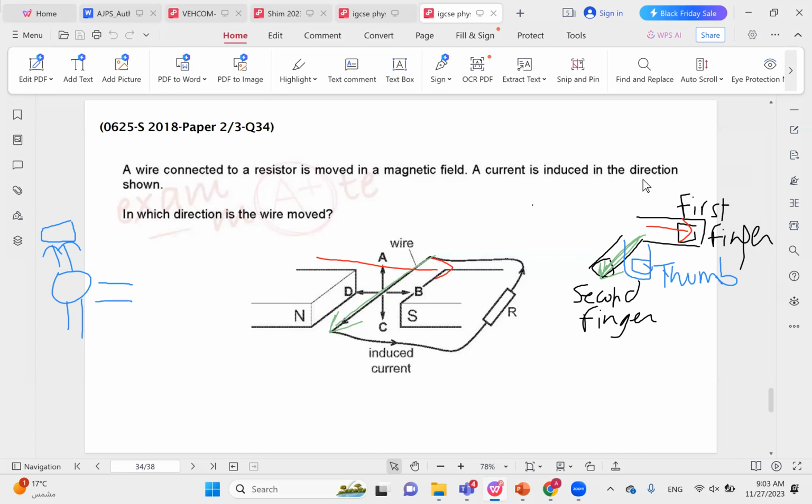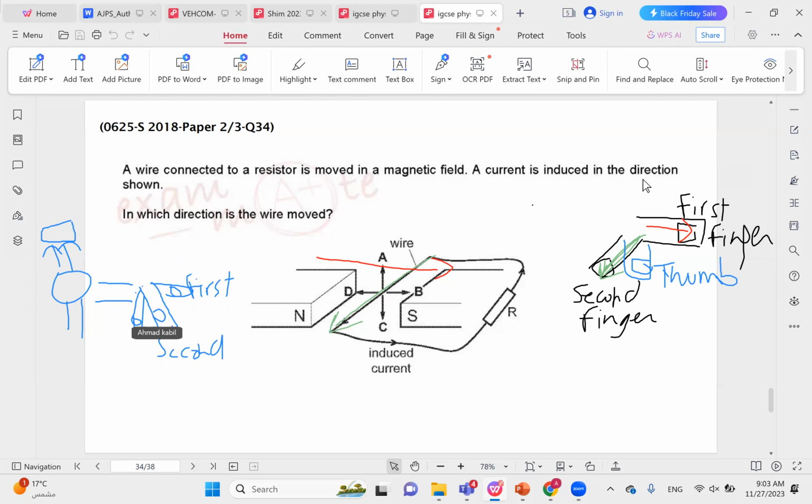Your first finger is in this direction. Your second finger is sort of pointing out of the page. The only way your hand works is if your thumb is pointing down.